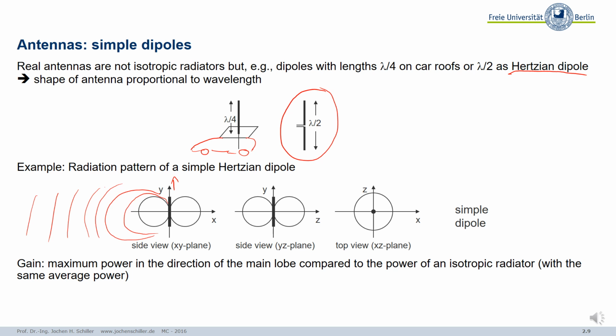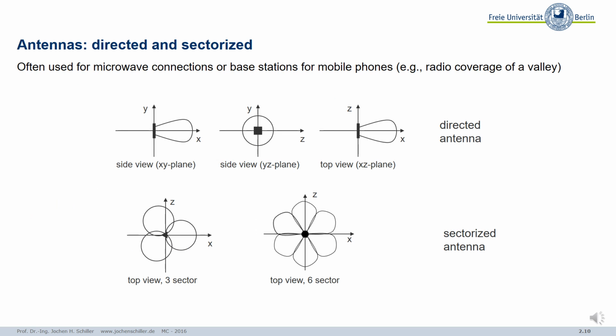And that's exactly what we also see everywhere. For example, on the wall here, we have directed antennas that try to have their main lobe towards you in this lecture room. Or we have so-called sectorized antennas for base stations. For base stations, you usually see the antenna pole, and then you see antennas slightly tilted down, for example, towards the road.